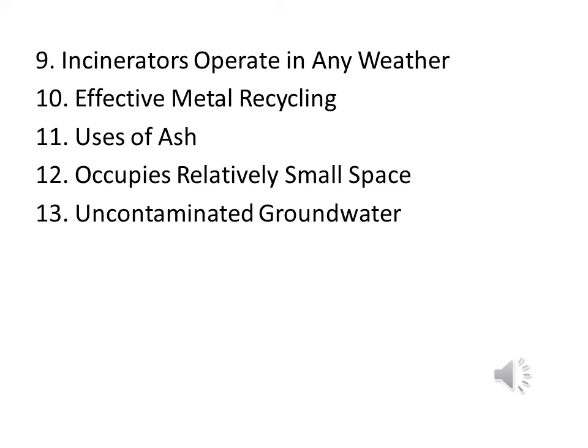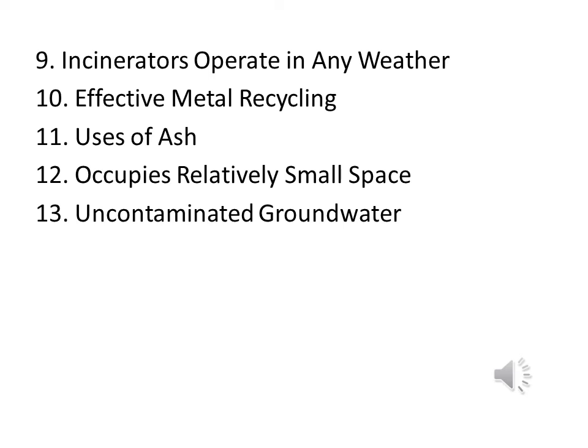11th one is uses of ash. The ash that comes from the combustion of waste can be used in construction, get shipped or even landfilled. Shipping of ash is cheaper than transporting of unburned trash.